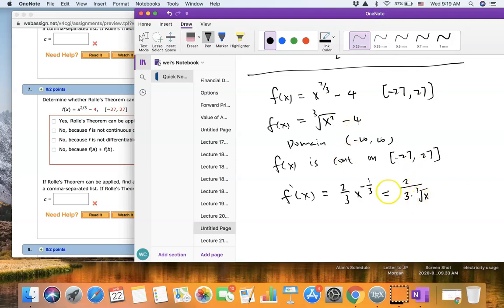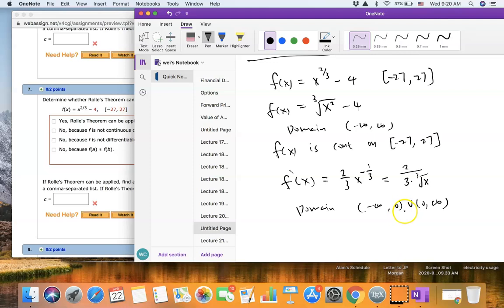For this function, the domain will be every number except 0. Right? x cannot be 0.